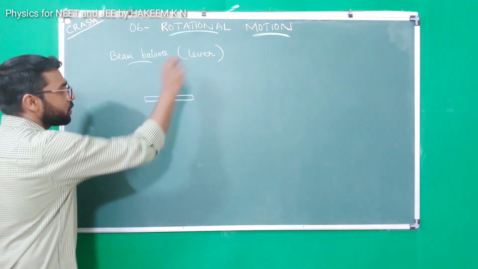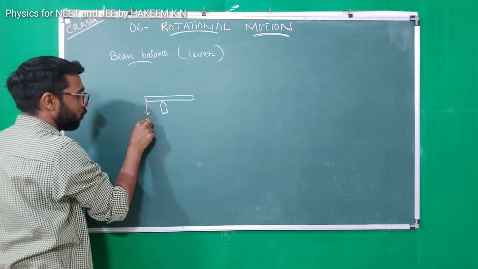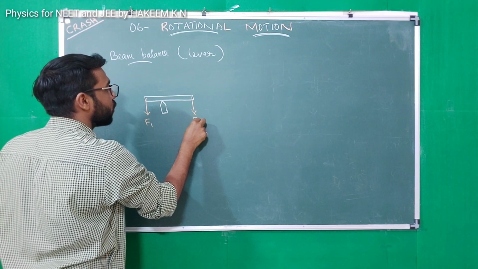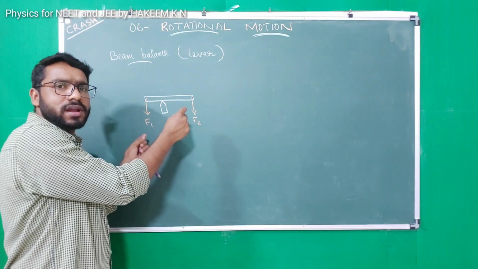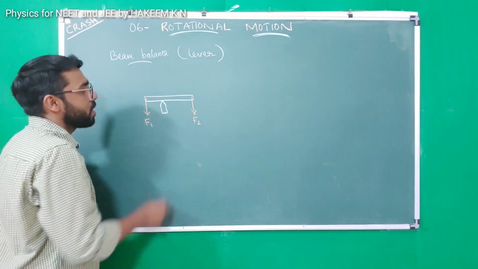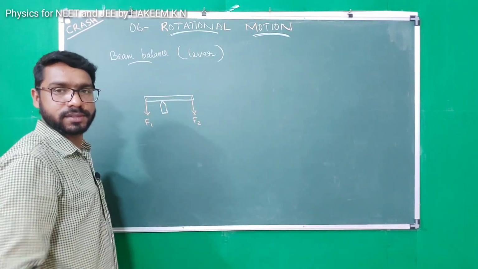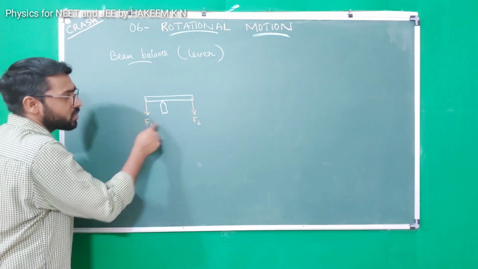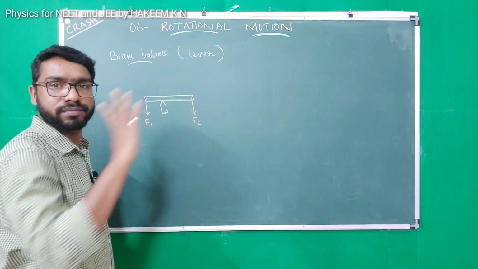Then forces are acting at two ends, F1 at left end and F2 at the right end. Both forces are acting simultaneously in the same direction, then this pivot should give a reaction upwards. Okay, then each force will try to provide rotational motion.